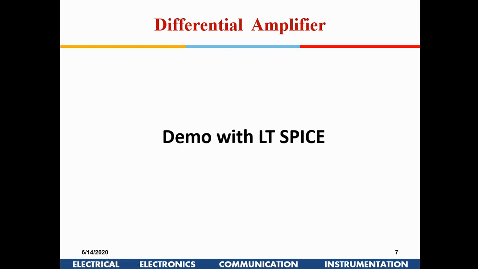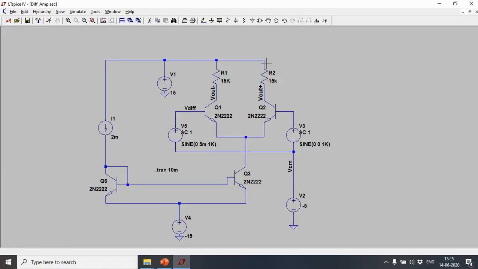So now I'll show you a small demo with LTspice of the differential amplifier. This is the schematic of the differential amplifier which we have designed. I have used a plus 15 and minus 15 power supply voltage. I have taken 2 milliampere here, so 1 milliampere and 1 milliampere would flow here, right?